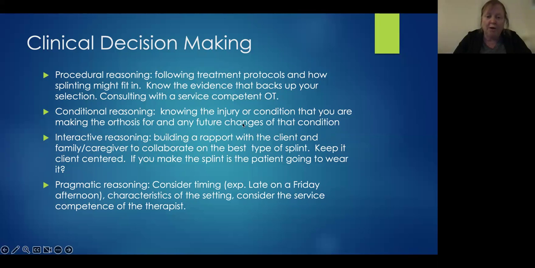So know your injury or condition, and when you're reading about the different hand conditions, be aware of whether there is any condition in which there might be a change in the kind of orthosis that you might give them. When I think about that, we see that with nerve injuries. We see that with some tendon injuries. So be aware of that.